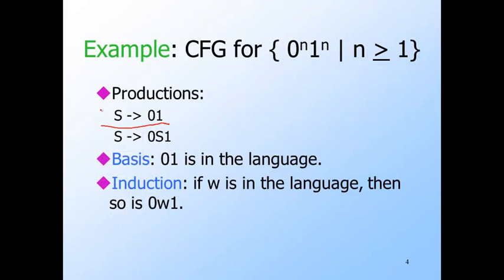It says that the string 01 is in the language of S. The second is an inductive rule. It says that if W is a string in the language of S, then 0W1 is also in the language. That rule lets us build longer and longer strings, at each step adding a 0 to the beginning and a 1 to the end, so we always have the same number of zeros and ones with the zeros preceding the ones.